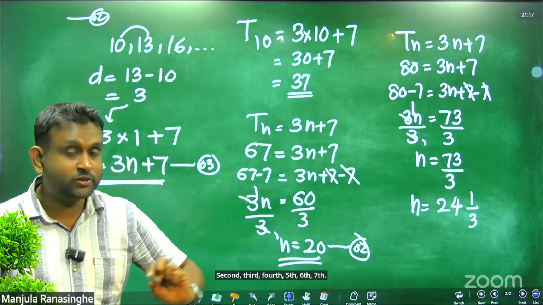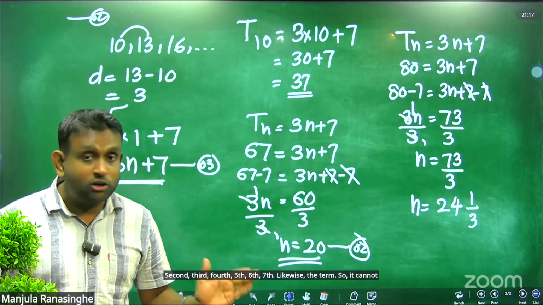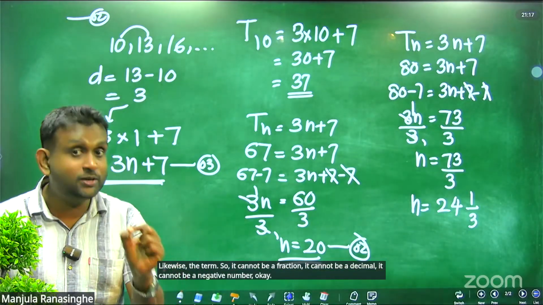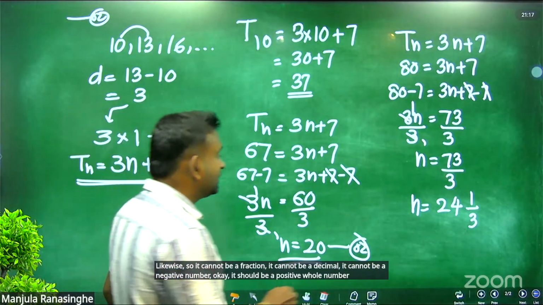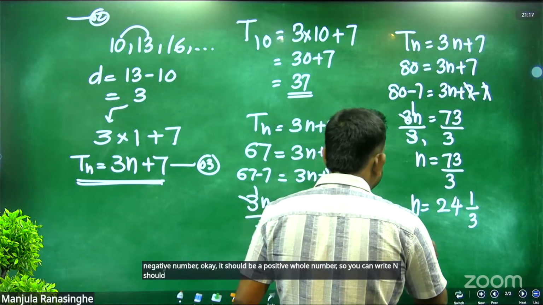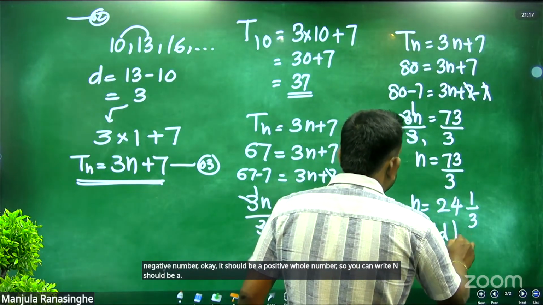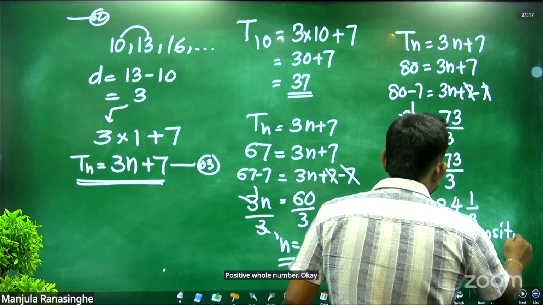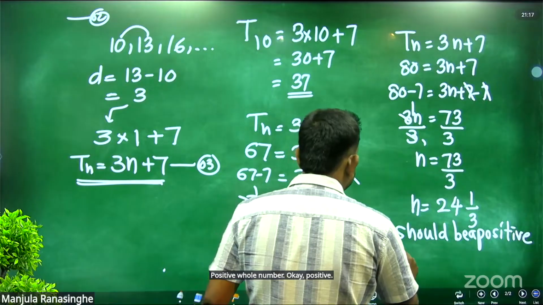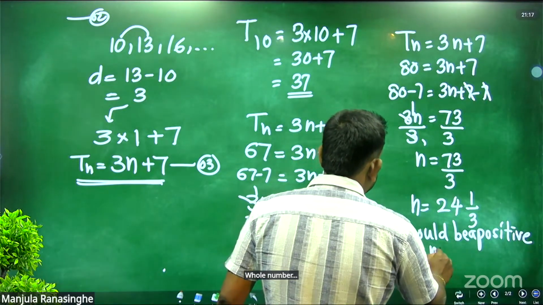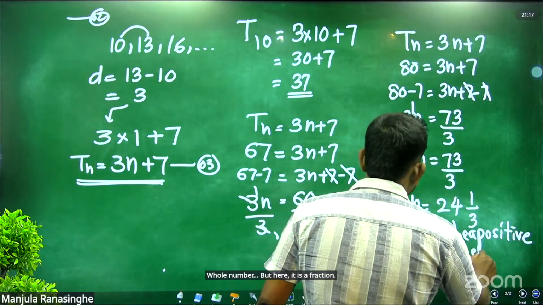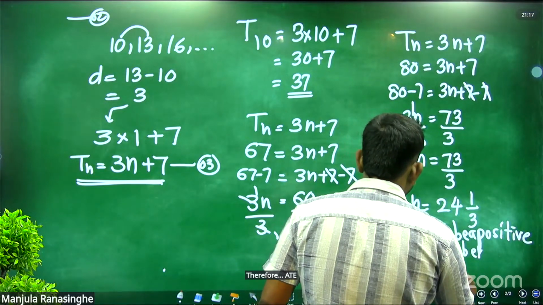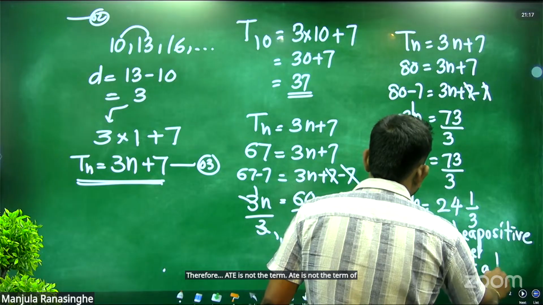So it cannot be a fraction, a decimal or a negative number. It should be a positive whole number, but here it is a fraction. Therefore, 80 is not a term of this number pattern.